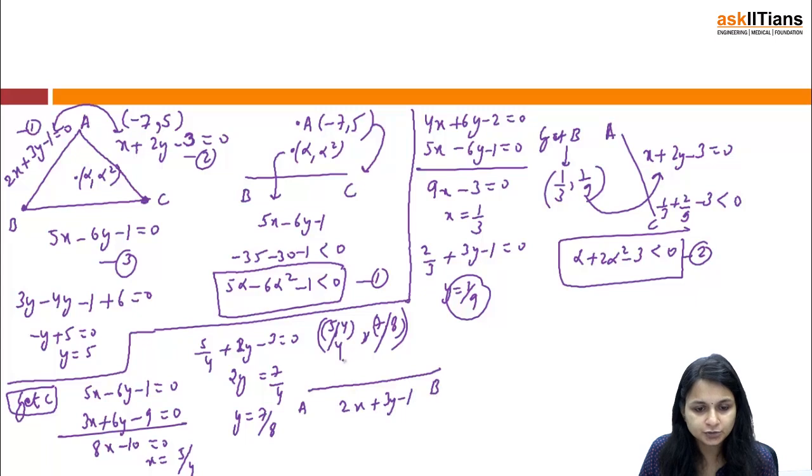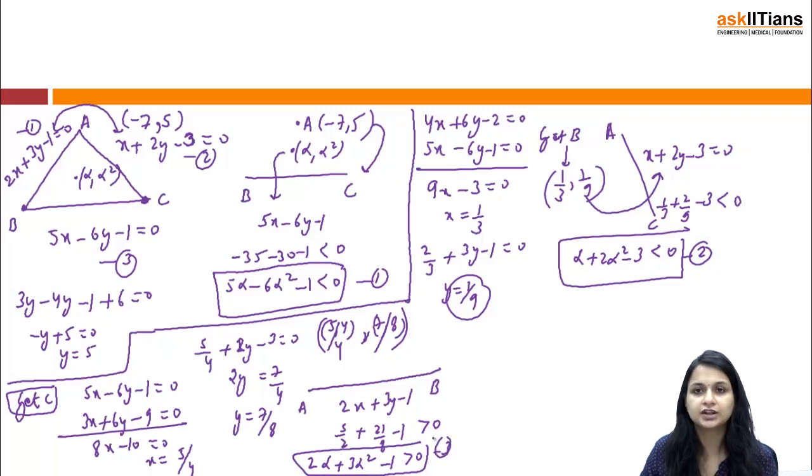Let us put this point. 5 by 4 gives 5 by 2, 7 by 8 gives 21 by 8, minus 1. So this is positive, greater than 0. That means when I put alpha, alpha square, that would be 2 alpha plus 3 alpha square minus 1 greater than 0. So now you can see that I have 3 equations, and when I solve 1, 2, 3, I'll get the complete answer.